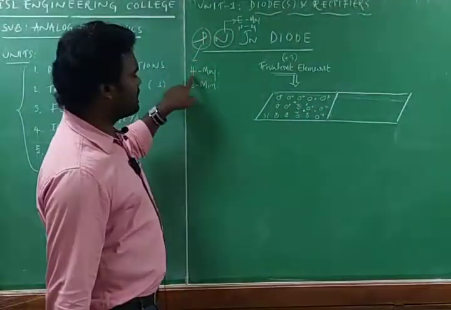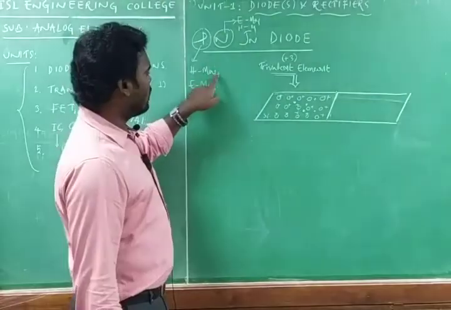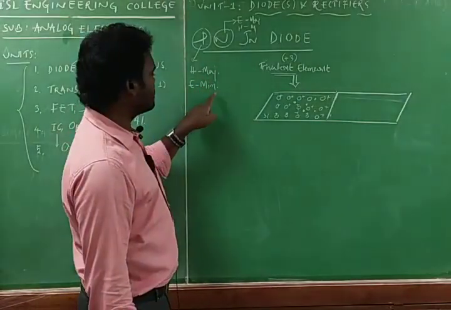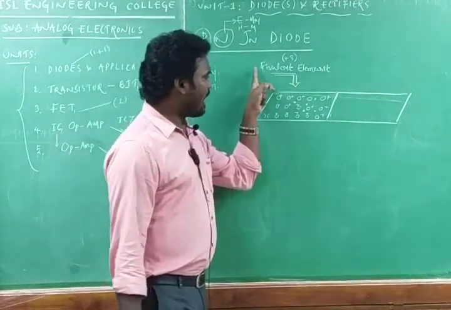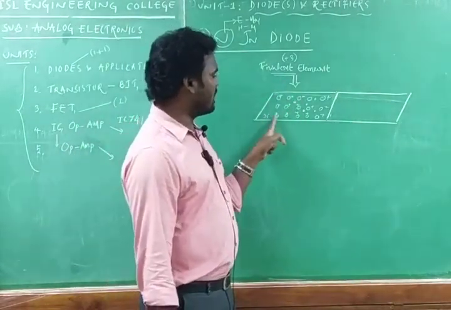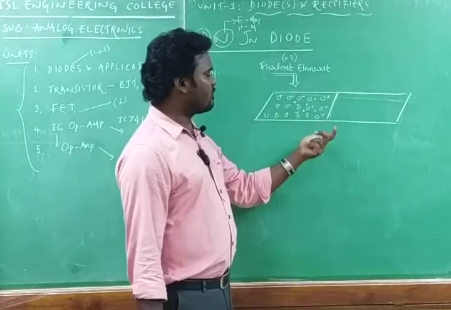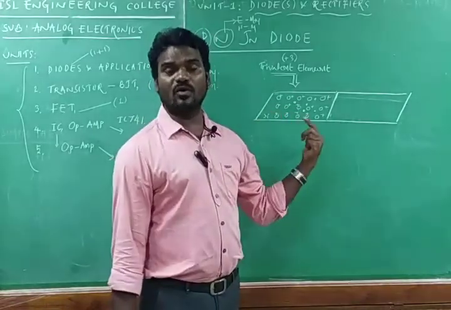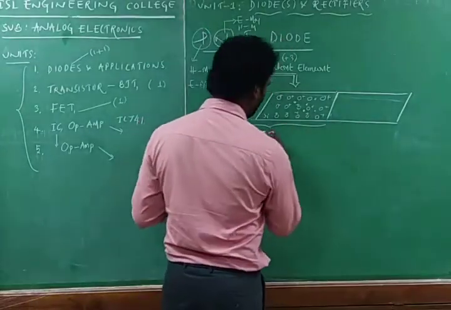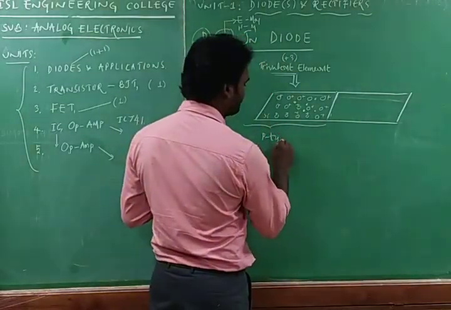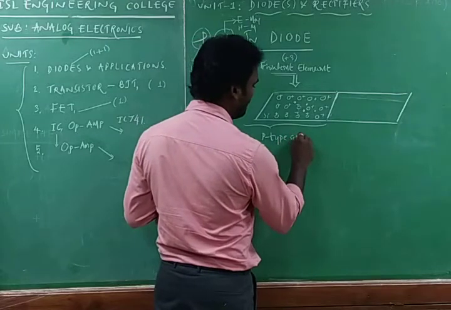P-type semiconductor is one in which holes are majority charge carriers, electrons are minority charge carriers. By taking the silicon and adding trivalent elements to it, we can get more holes than electrons, so that we can form a semiconductor. This is called a p-type semiconductor.